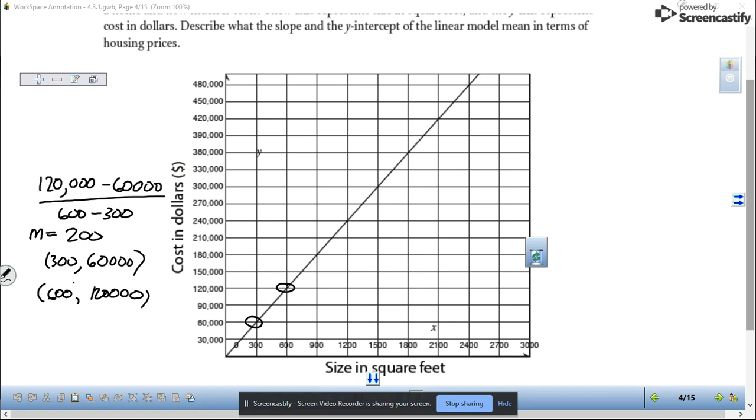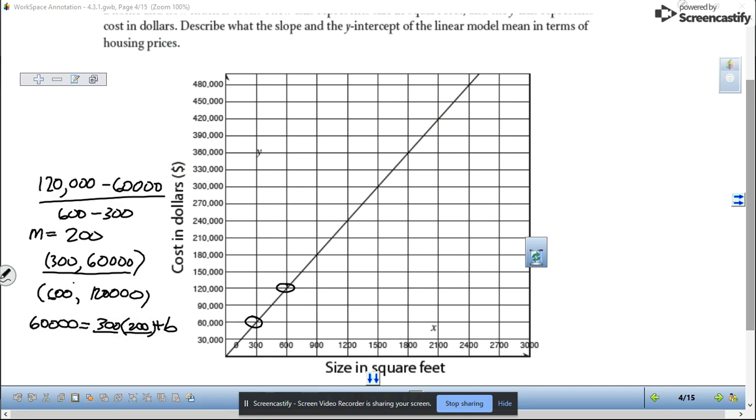So the next question is, can we use that slope to find our y-intercept? So we take one of our points. We'll use this one, okay, and we're going to do 60,000 equals 300 times 200 plus b. I did my x first, whatever, doesn't matter because multiplication is commutative.